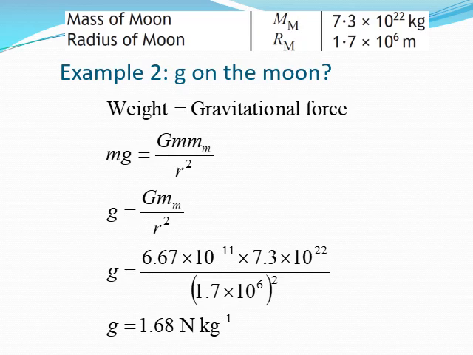Light things and heavy things fall at the same rate. Then we can work out g on the moon to be 1.68 newtons per kilogram, or 1.68 meters per second squared, because gravitational field strength and acceleration due to gravity are equivalent, so either unit would be acceptable in this case.